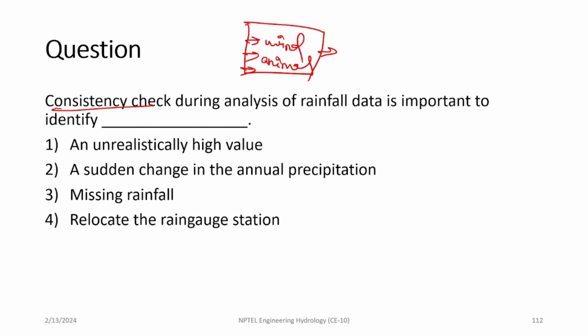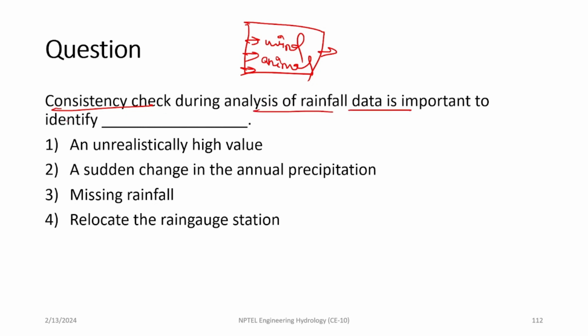In order to get things in the right direction, we should have some kind of method so that we can identify those errors. So consistency check is one of those important methods that is used for analyzing the rainfall data we have.